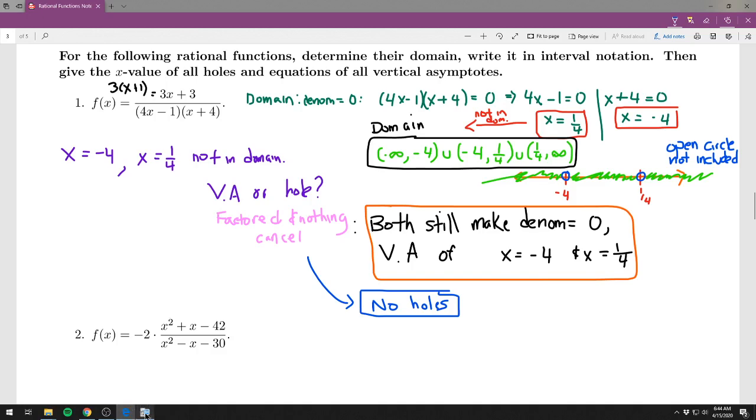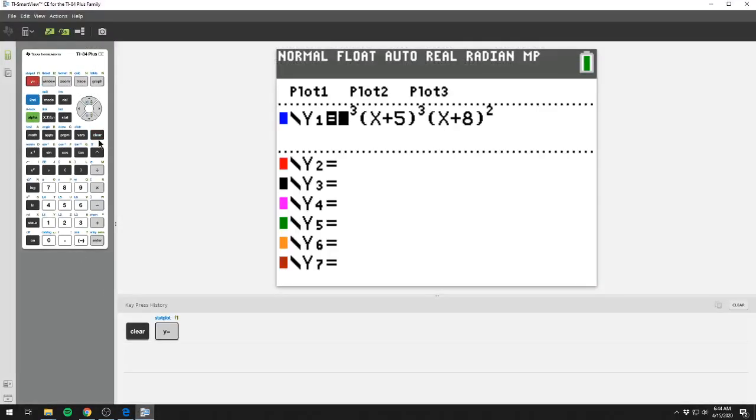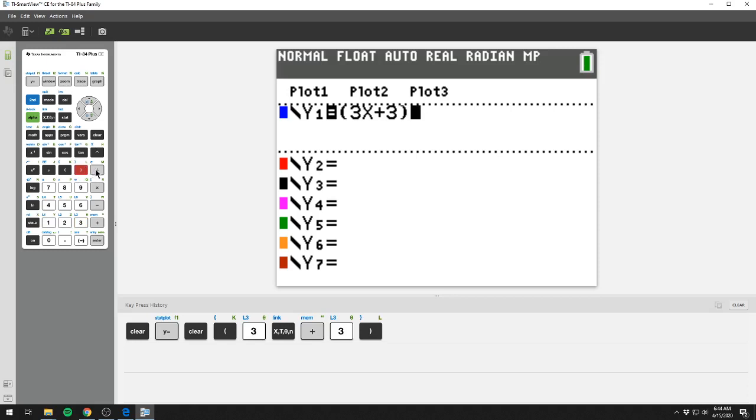in the calculator. I'll go to my calculator. We got y equals, the numerator was 3x plus 3. You want to be careful, just put the entire thing, numerator and denominator, in parentheses so it goes in the correct spot.